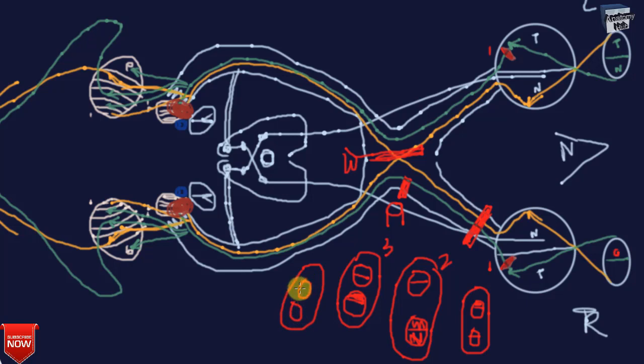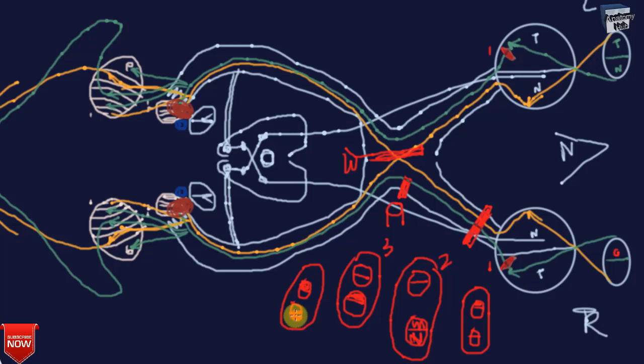So you just divide into the temporal and nasal, left and right temporal, nasal. Now you just imagine, if this fiber is damaged, then the temporal part of the left side and the temporal part of the right side will be damaged.